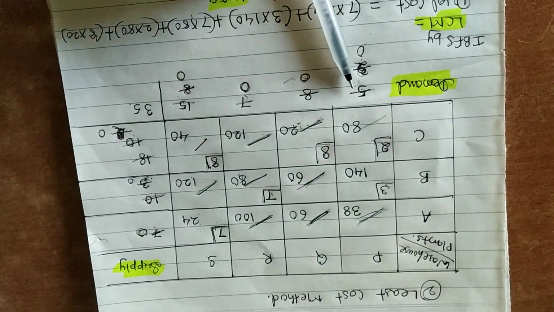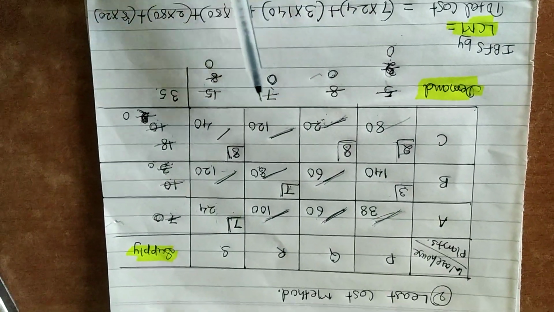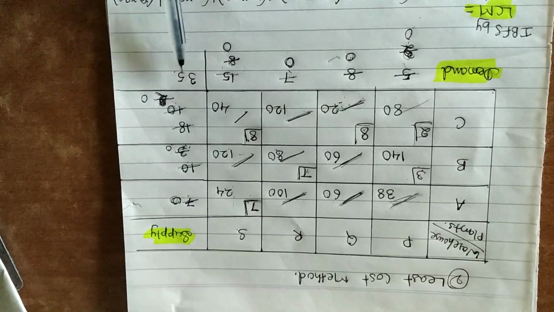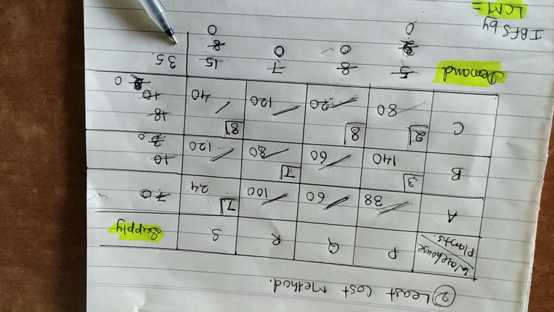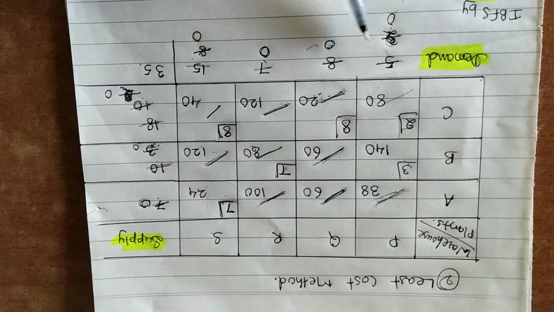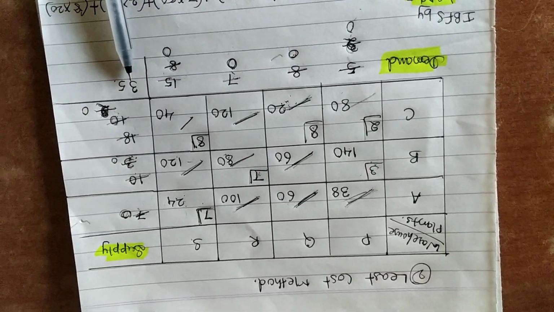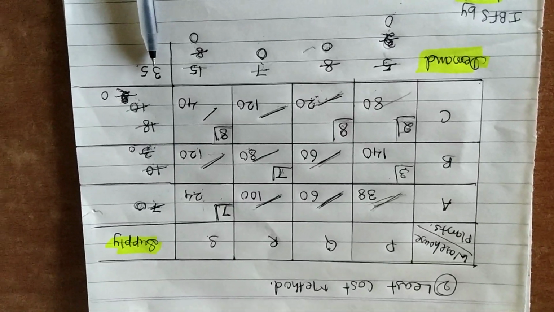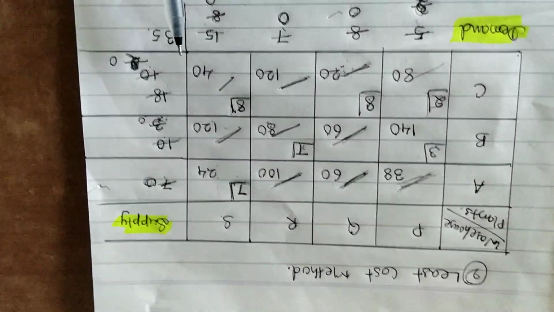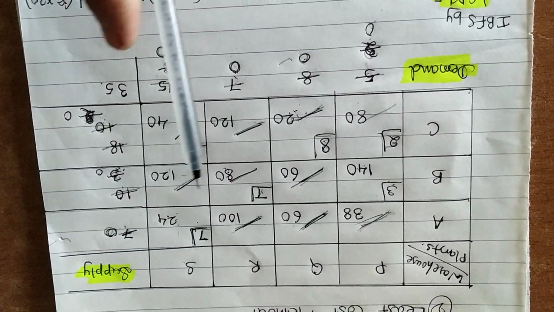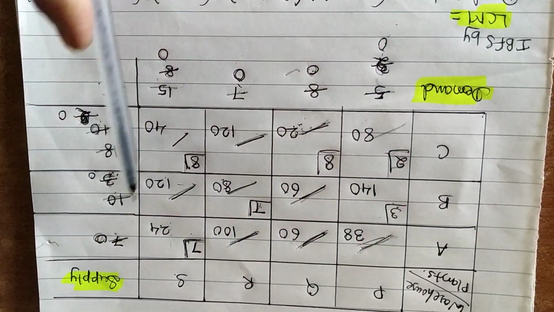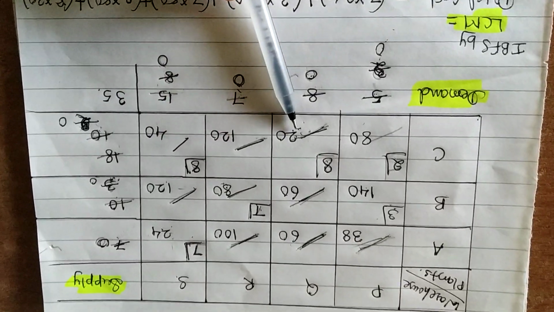The demands 5, 8, 7, 15 total 35, and 7 plus 10 plus 18 is also 35, which means it is balanced. First you check that it is balanced, supply is equal to demand. Least cost method means which one is the smallest number; here the smallest number is 20.